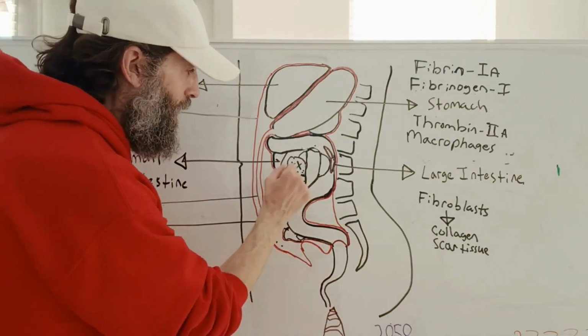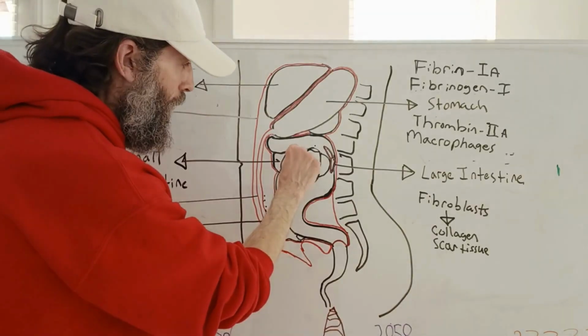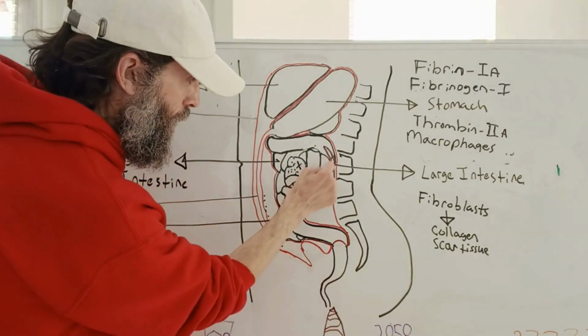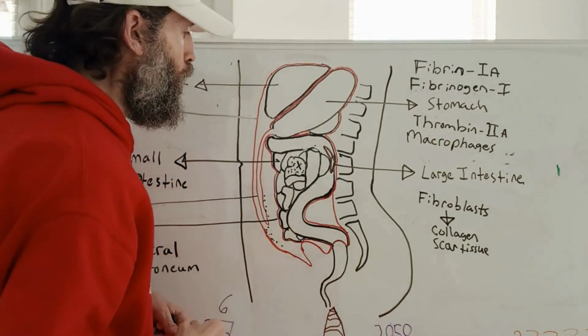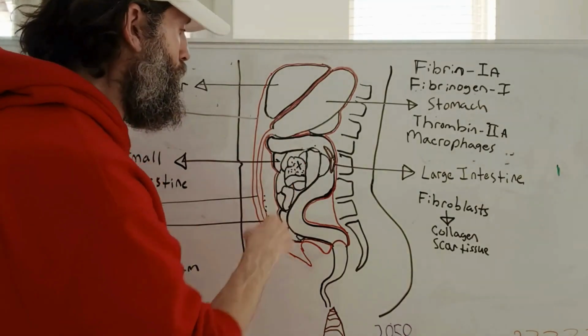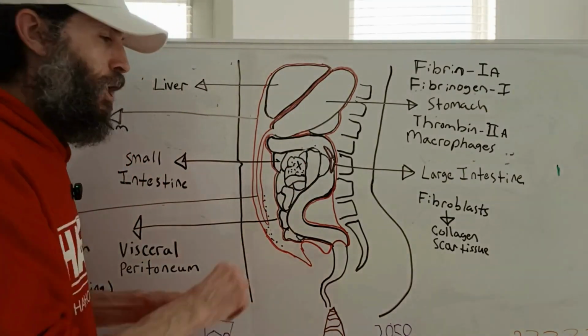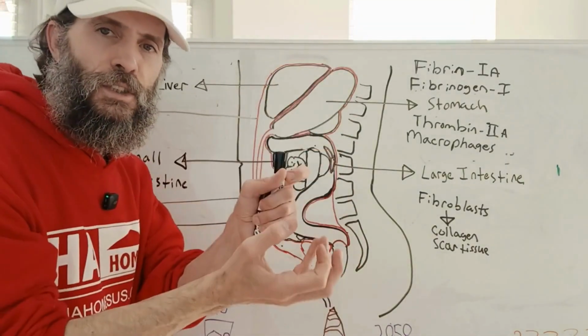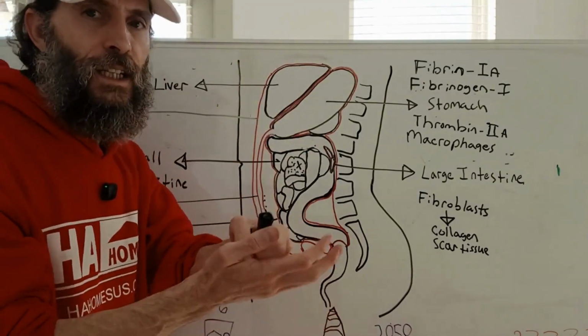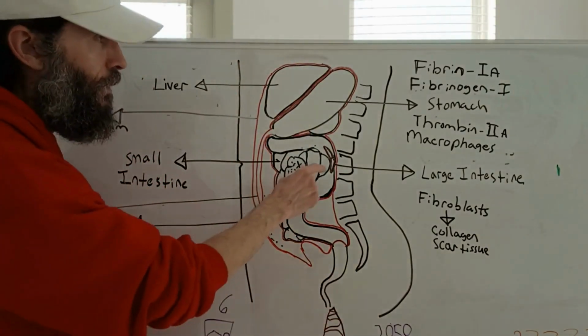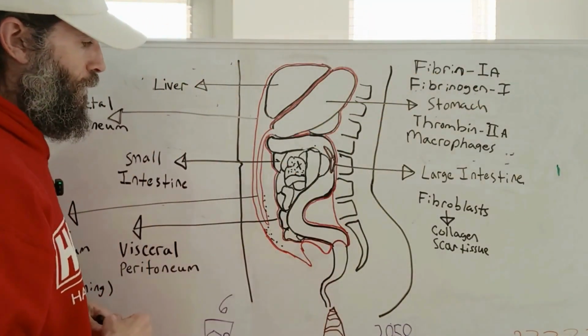It could create kinks, or areas where you get a narrowing of the lumen where the chyme and the food substance would go through. You could get weird twists and turns because parts of the small intestine that should not be stuck together are getting stuck together due to the fibrin, activated factor 1.